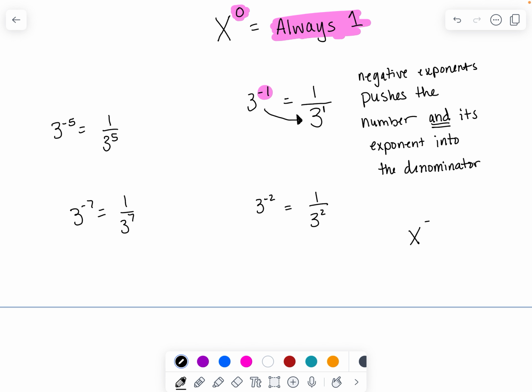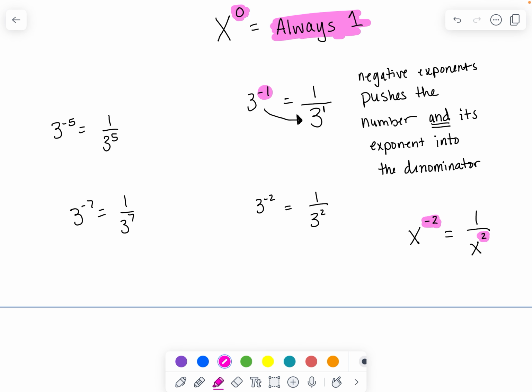X to the negative 2nd is the same as 1 over x to the 2nd. See how I'm clucking, big chicken? Okay. It moves it into the bottom. And as we increase that number, this number keeps increasing down here.